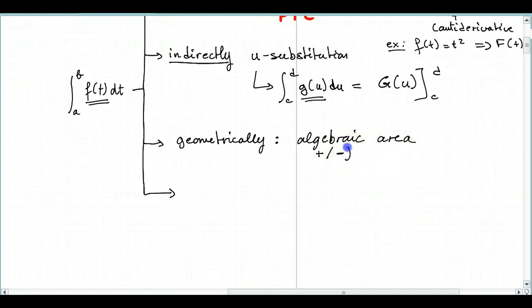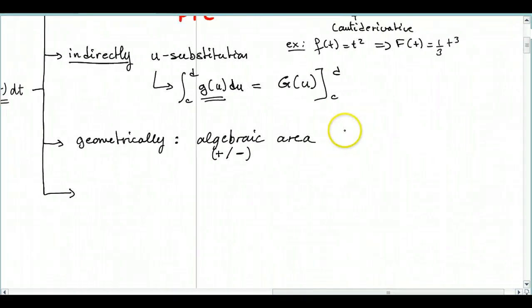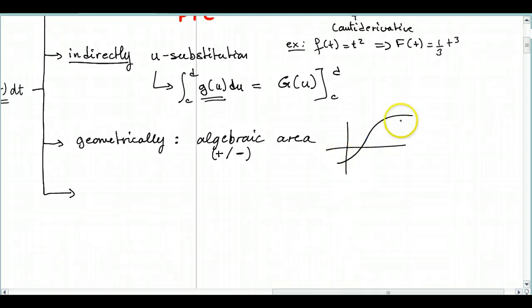If I just say area, it means always positive normally, right? Suppose a is right here and b is right there. You're going to count the area negative when it's below the x-axis, and positive when it's above the x-axis. So this will be counted positive and this one will be counted negative.